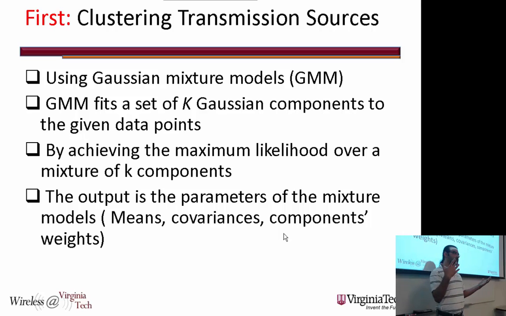Gaussian mixture models, for those who are not familiar, are basically a soft clustering version of k-means. K-means assumes that the covariance between the different components or clusters follows an identity matrix, while with the Gaussian mixture model, the learning algorithm updates the covariance while it's running, so it's not assuming that the components are identical.